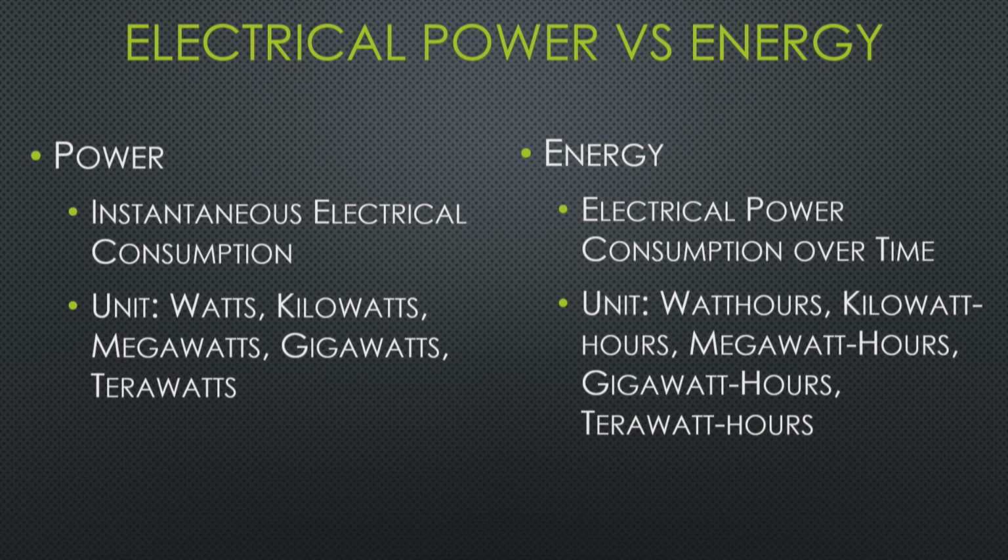Whereas energy is that power curve integrated over time, so it has the time component included. The units for that would be watt-hours or kilowatt-hours, and typically in the mining space, you'll see it benchmarked in terawatt-hours.